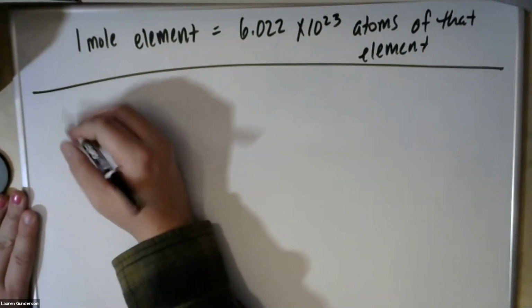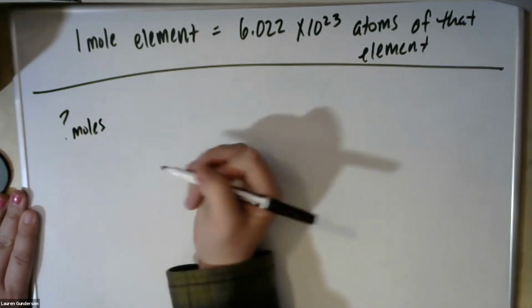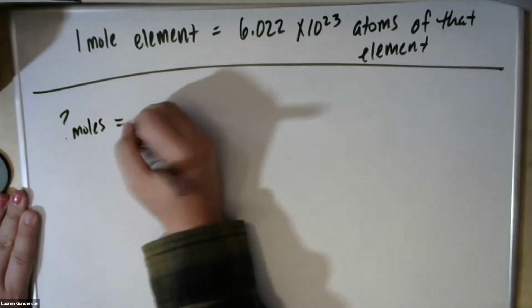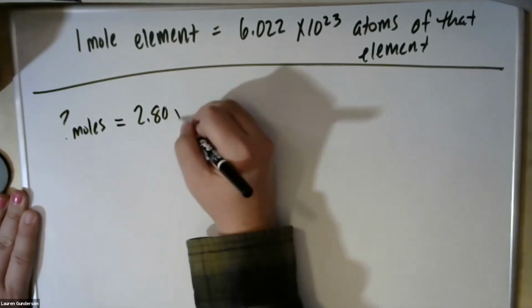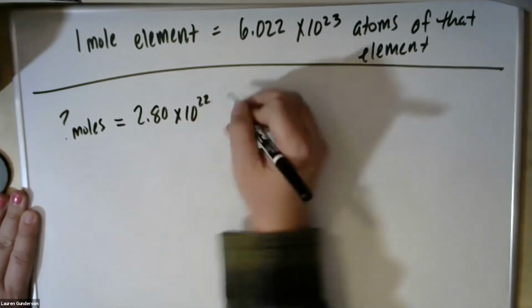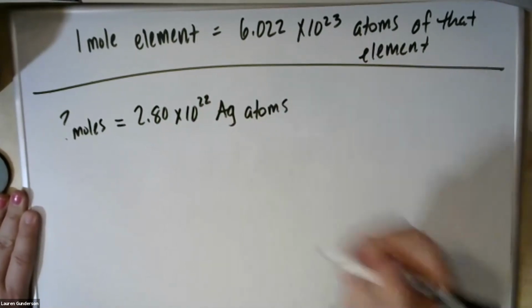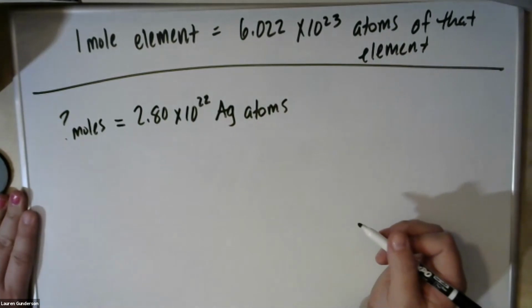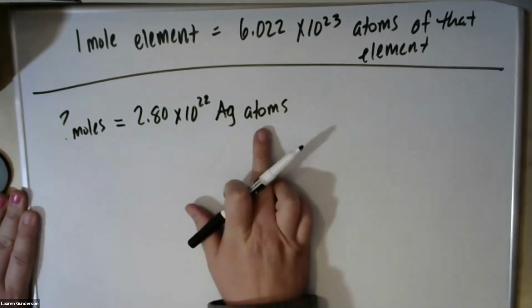So here we want to know how many moles of silver atoms there are in 2.80 times 10 to the 22 silver atoms. Okay. Now, again, we're looking for this relationship between atoms and moles.